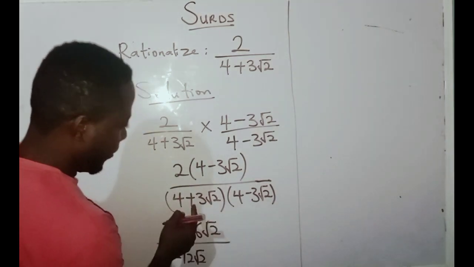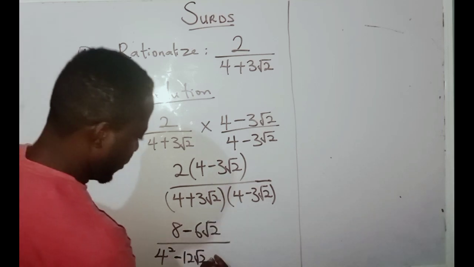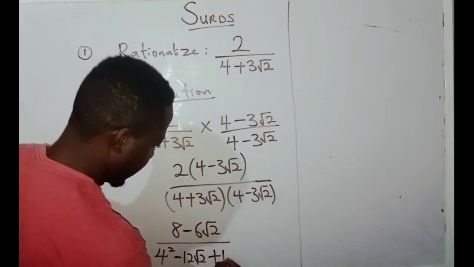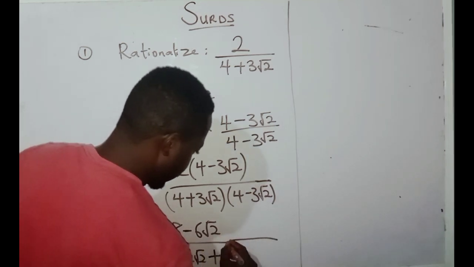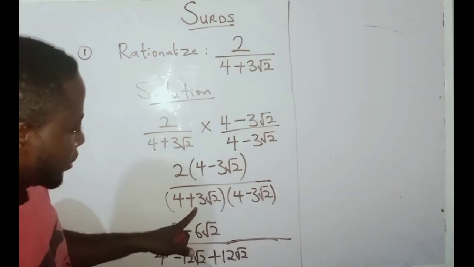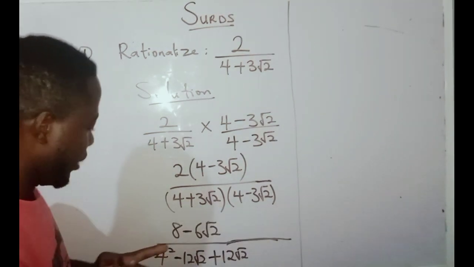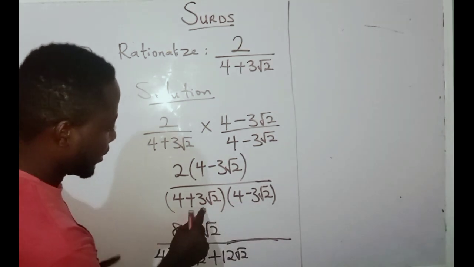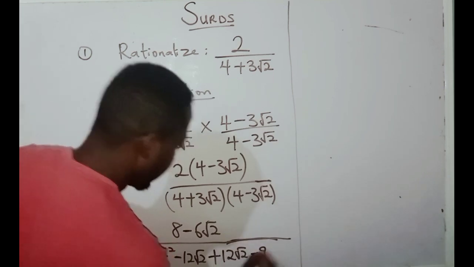Let's move here. Plus 3 root 2 multiplied by 4 is going to give us plus 12 root 2. Then plus 3 root 2 multiplied by minus 3 root 2. So let's first multiply plus 3 times minus 3. That will give us minus 9.